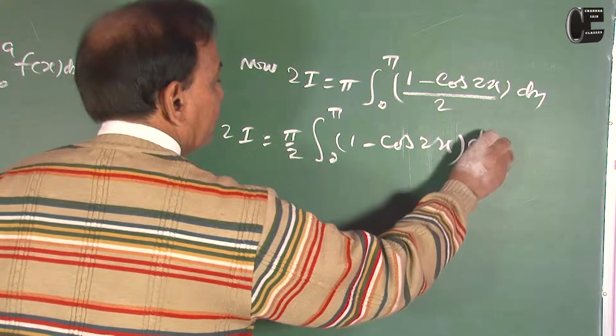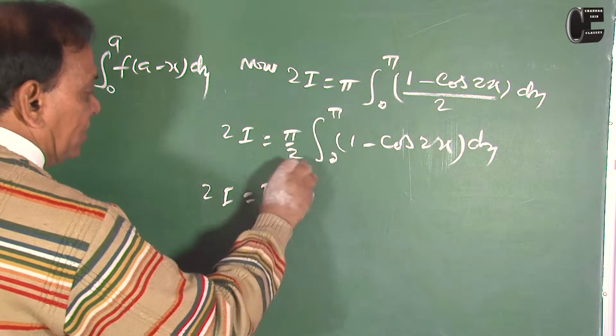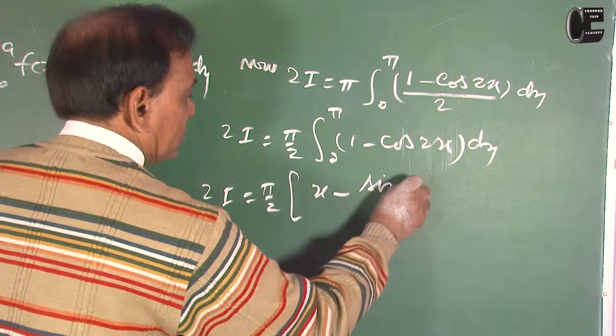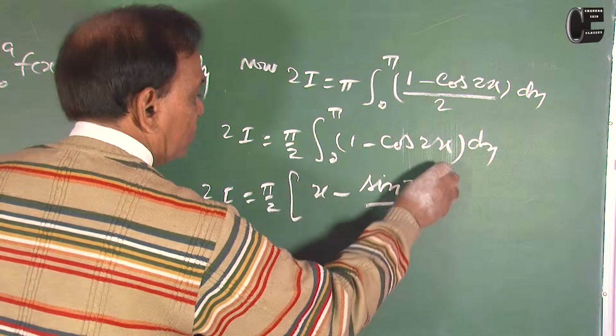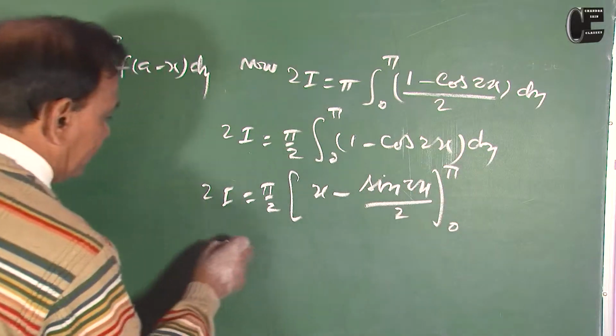Yes, 2I equal to pi by 2, integrate 1, its integral x, and cos 2x, its integral will be sin 2x divided by 2, and limit 0 to pi.